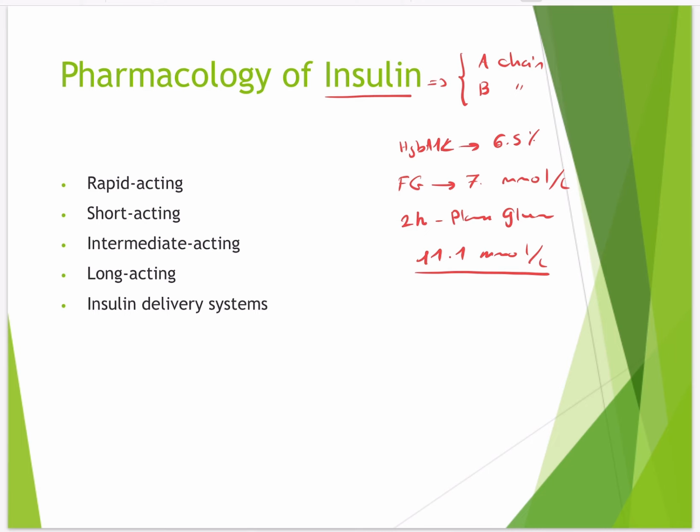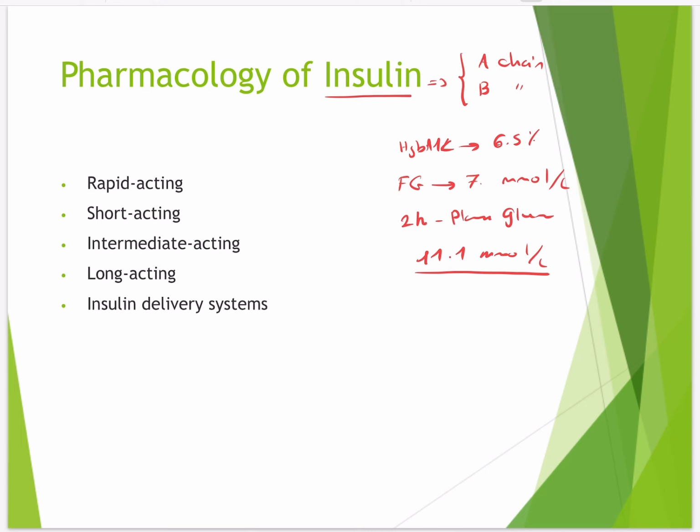This is the difference between physiological insulin and drug insulin. Physiological insulin is proinsulin, which has a C peptide that separates when it becomes active, and we can measure the C peptide in the blood. But in the drug we don't have this part, and it's very important.